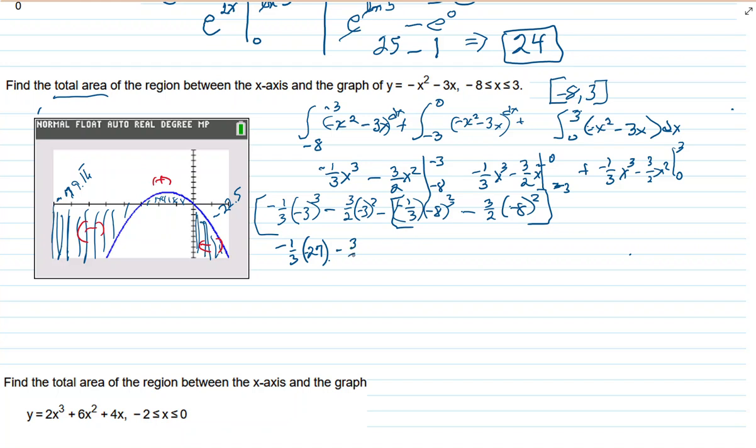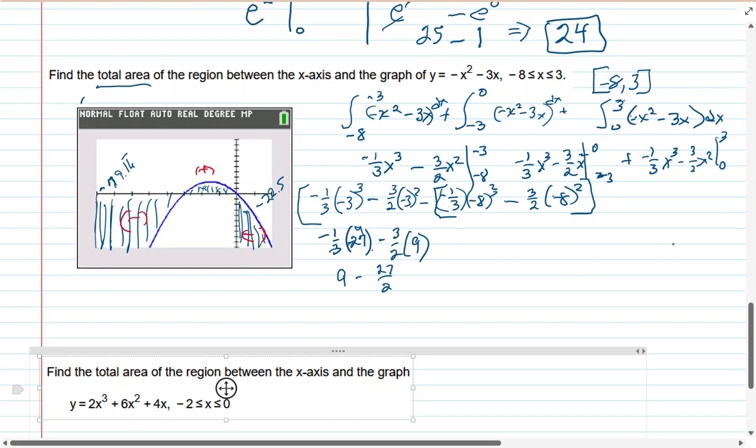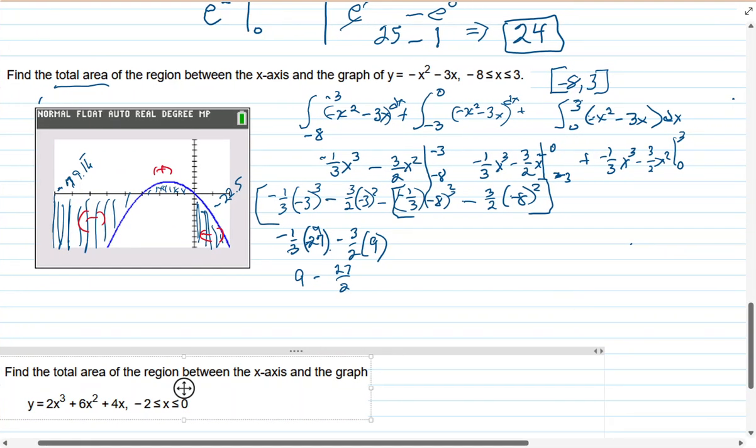Minus 3/2, and this is a positive 9. All right, so if I do this guy, this is going to be a positive 9, and this is going to be minus 27/2.